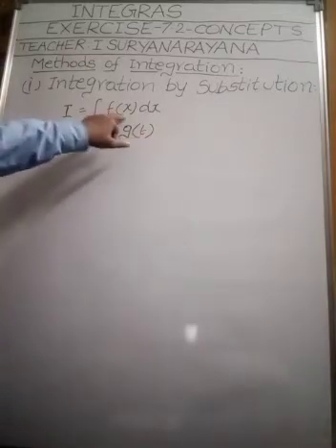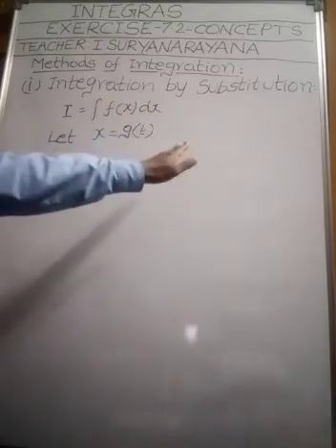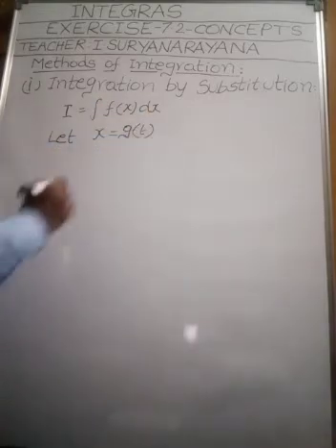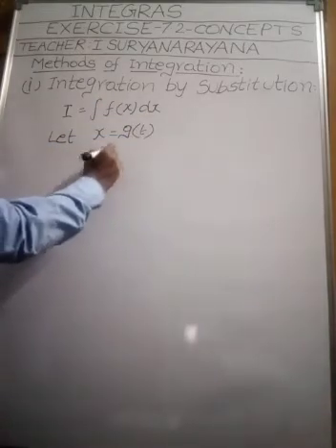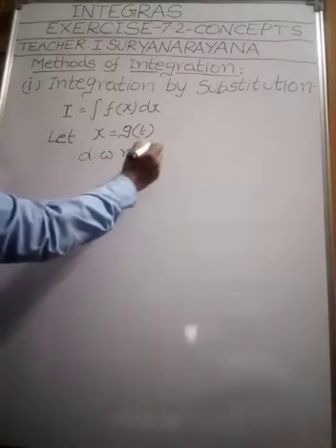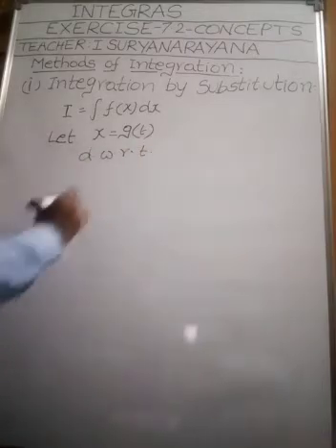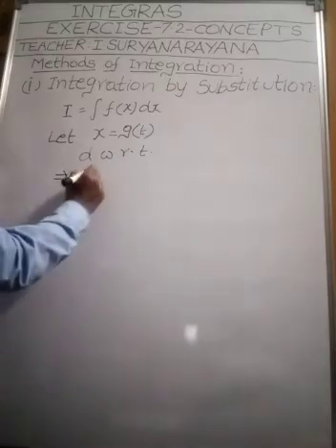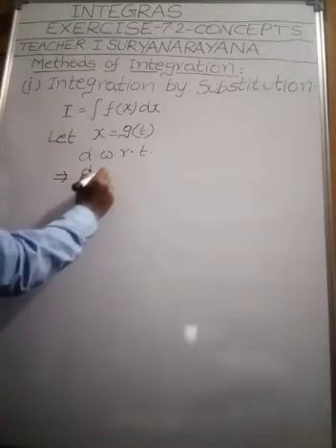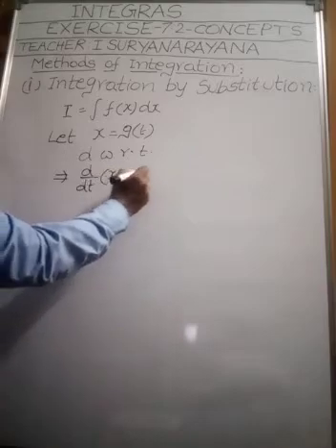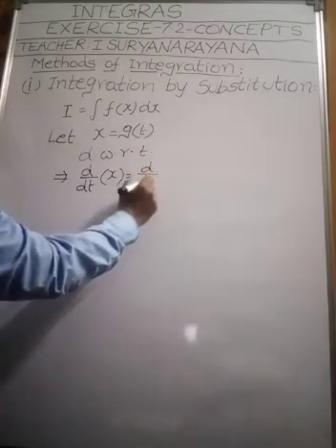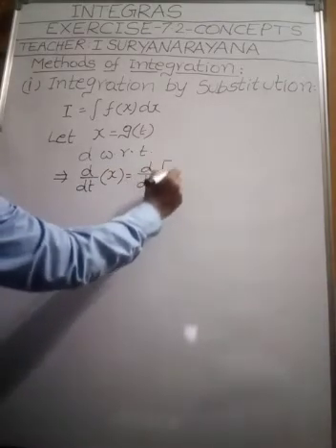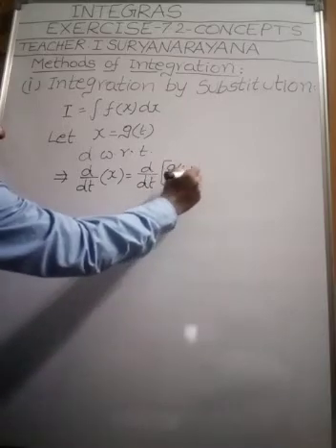Here the variable is x, we are converting into the variable t. So differentiating with respect to t, what do we get? What is the differential operator? d by dt. Yes, d by dt of x is equal to d by dt of g of t.